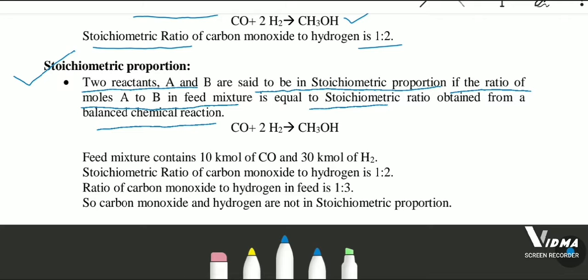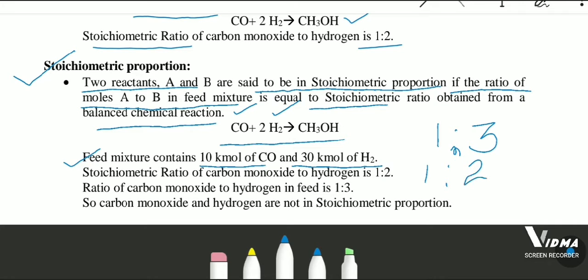For example, in the synthesis of methanol from carbon monoxide and hydrogen, the feed mixture contains 10 mole of carbon monoxide and 30 mole of hydrogen. So the ratio will be 1:3. But the stoichiometric ratio is 1:2. So the carbon monoxide and hydrogen are not in stoichiometric proportion.